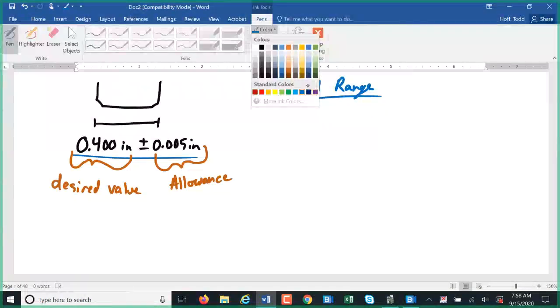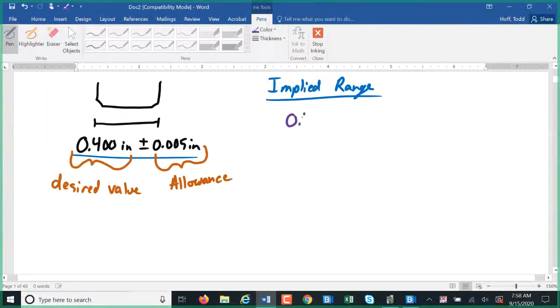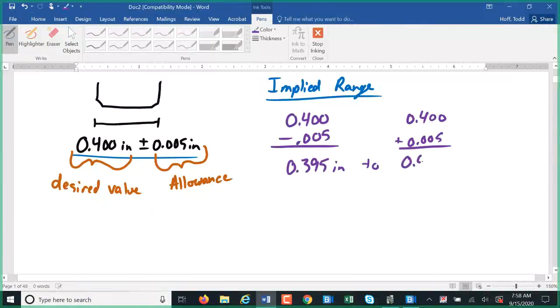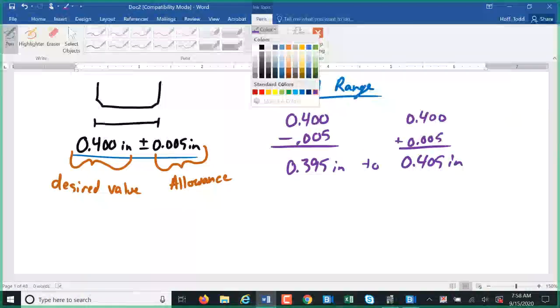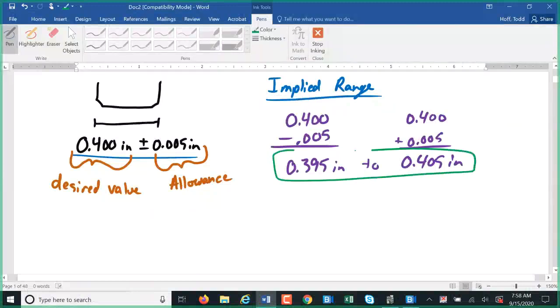And that range, of course, will be the 400 thousandths minus the 5 thousandths, so the 0.395 inches, to the 400 thousandths plus the 5 thousandths, 0.405 inches. That is our implied range from that measurement that's given, from that label.